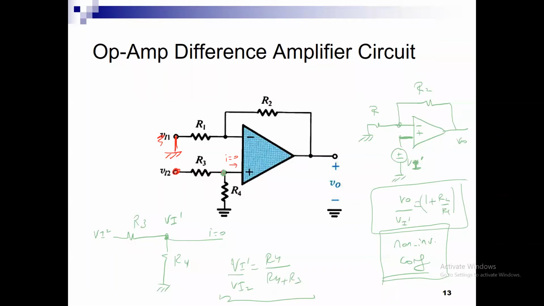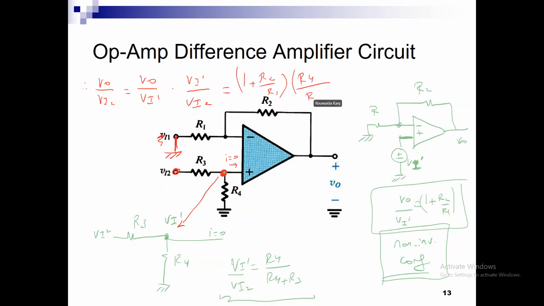So therefore, what do we have? VO over VI2 is equal to VO over VI prime times VI prime over VI2, which is equal to 1 plus R2 over R1 times R4 over R3 plus R4, and this whole quantity here, what is it?